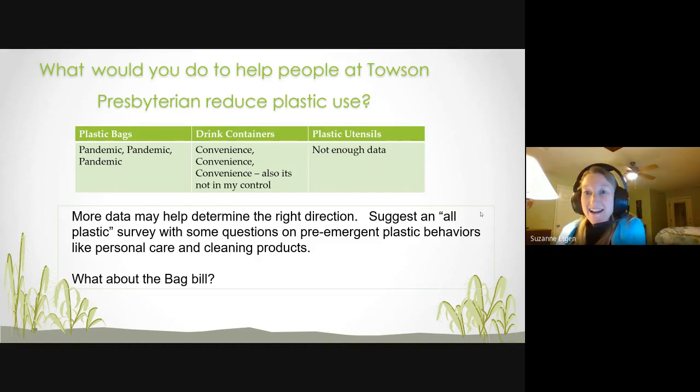And so that, and the shampoo bar, those two things are not appropriate for everyone. Shampoo bars don't work as well for people with different types of hair. But if you have a congregation where maybe shampoo bars are the right thing, or looking at household cleaning and personal care products, you could do a whole campaign around cleaning and personal care products, and how you can reduce your plastic use in those two areas.